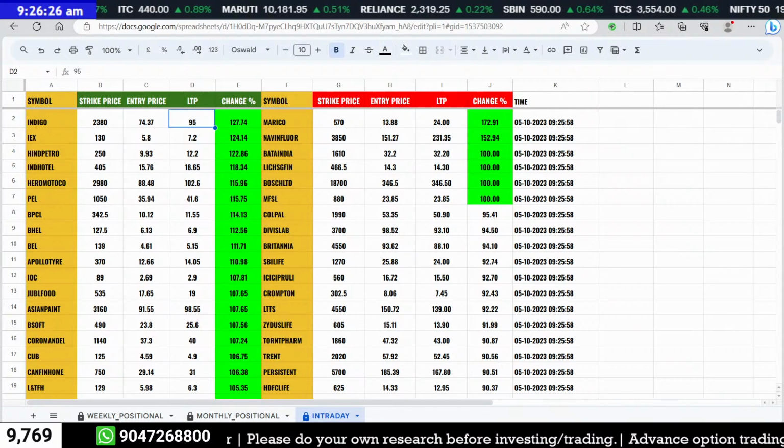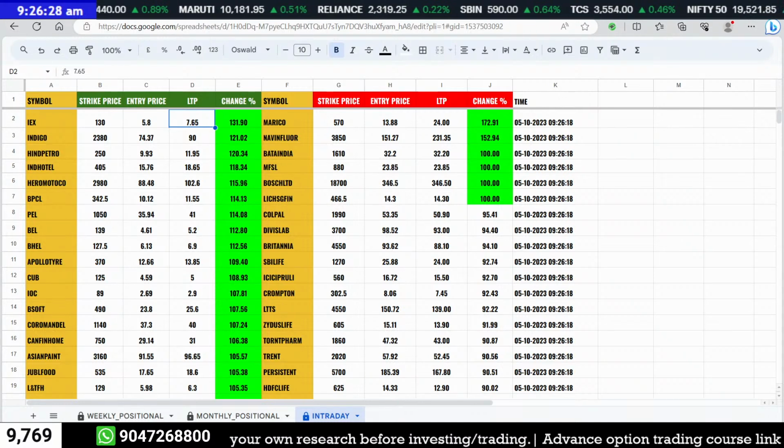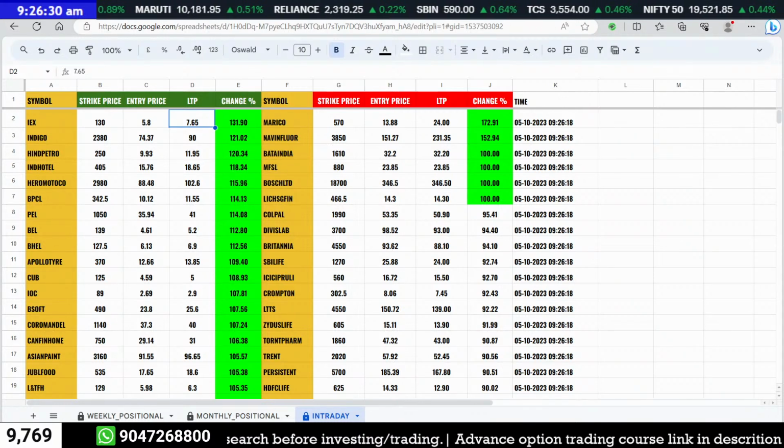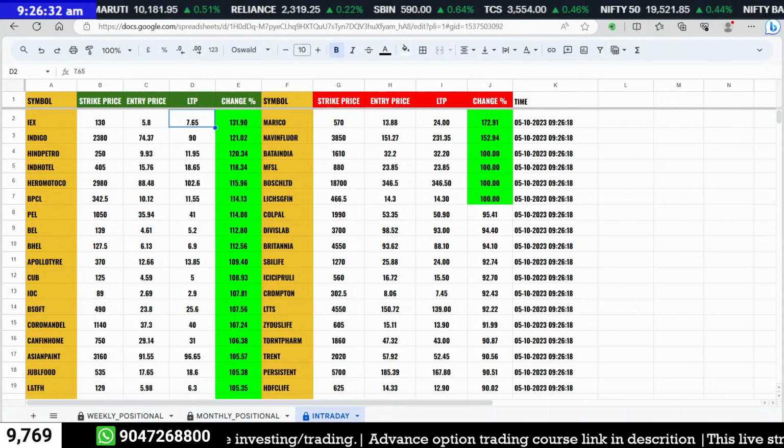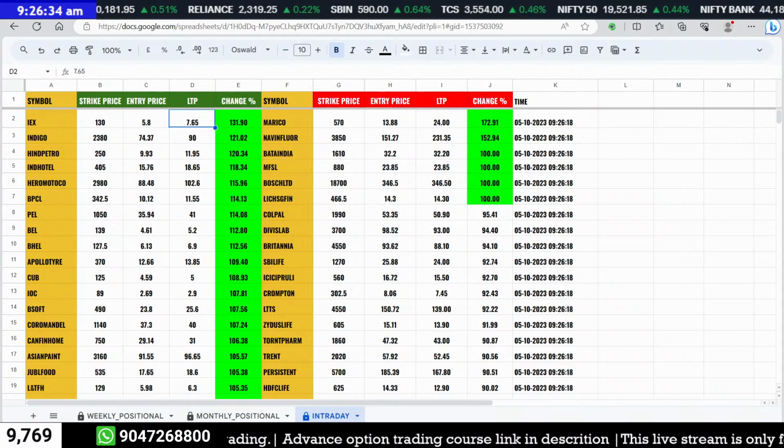IEX, the top, Indigo. So a lot of call side because of the gap up, 85 points from previous close.